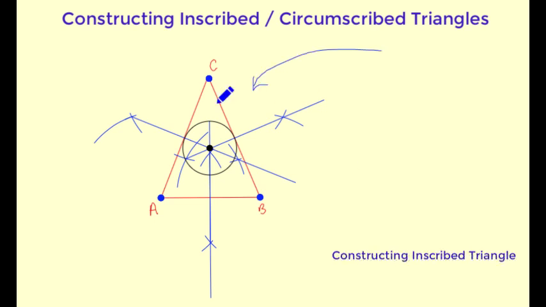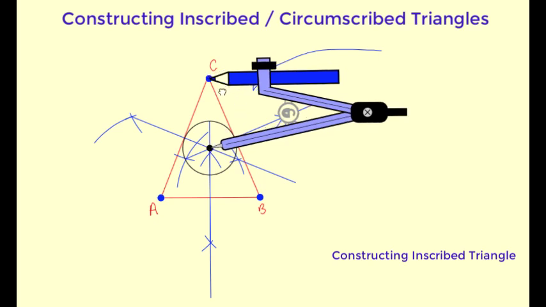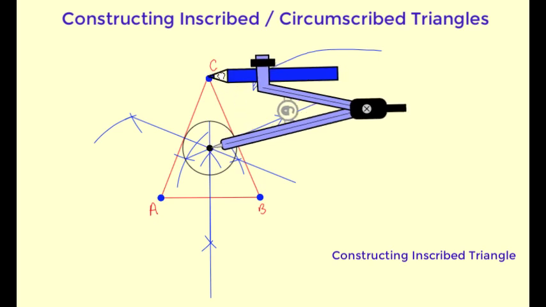So what we have accomplished so far is that we already have a triangle and a center of this triangle. Using these two facts, we can very easily obtain an inscribed triangle. We position our compass at the center of this triangle and open up to one of the vertices, which will be at the farthest possible distance from this center. Notice that the vertex C is at the farthest possible distance.